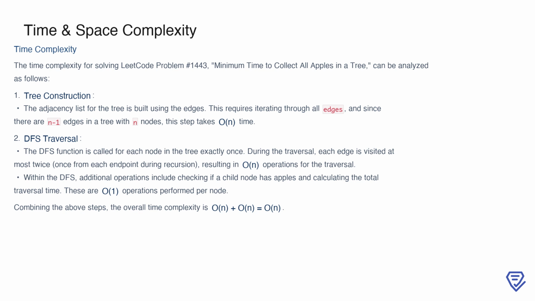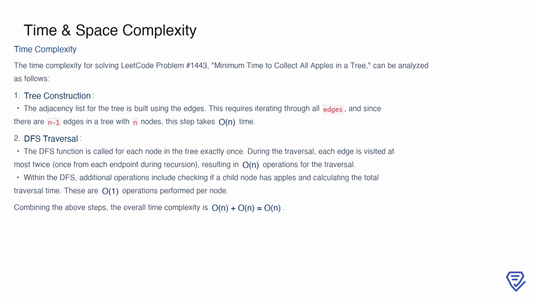In analyzing the time complexity for this problem, we start with the process of constructing the tree. Since the tree is represented as an adjacency list, we need to iterate through all the edges to build it. A tree with n nodes has exactly n-1 edges, so this step requires O(n) time. Next, the depth-first search, or DFS traversal, processes each node exactly once. During this traversal, each edge is visited a maximum of 2 times, once for each endpoint as recursion progresses and backtracks.